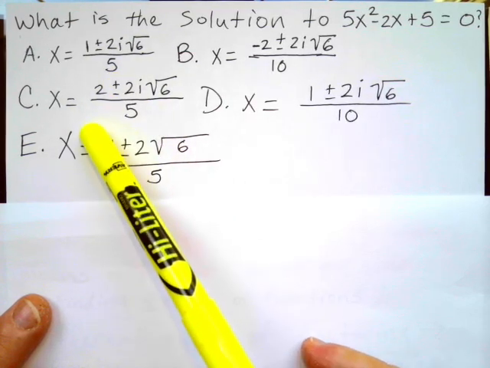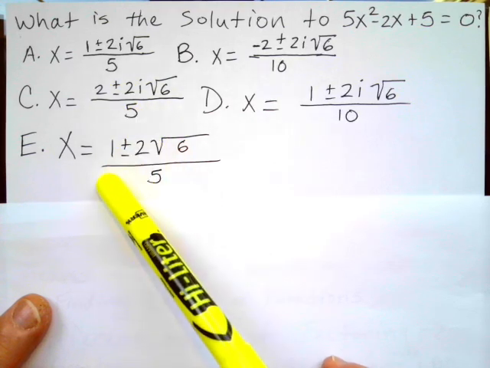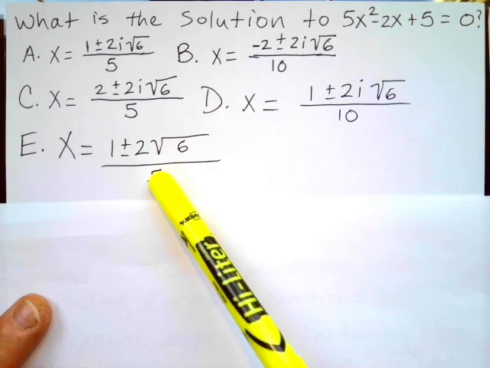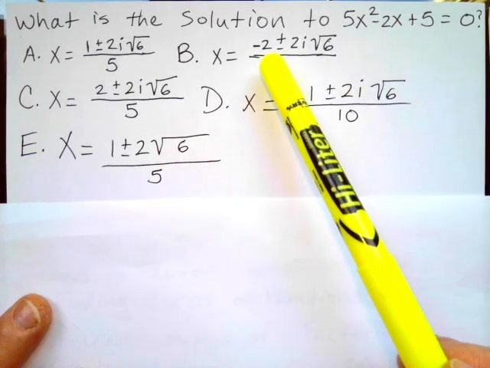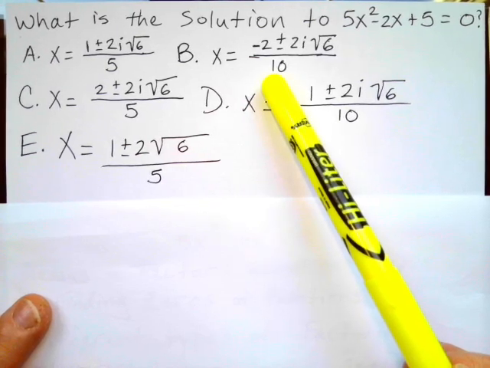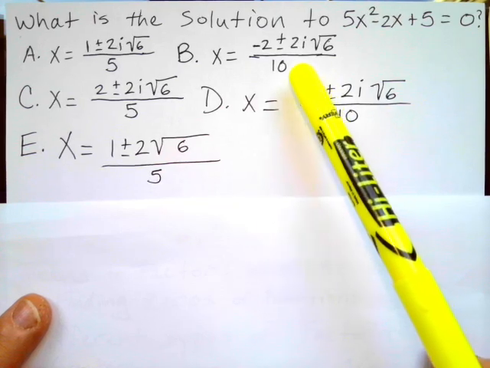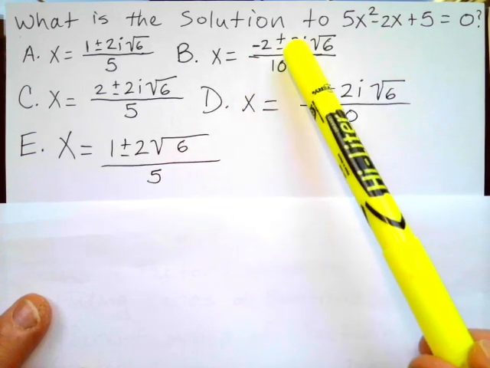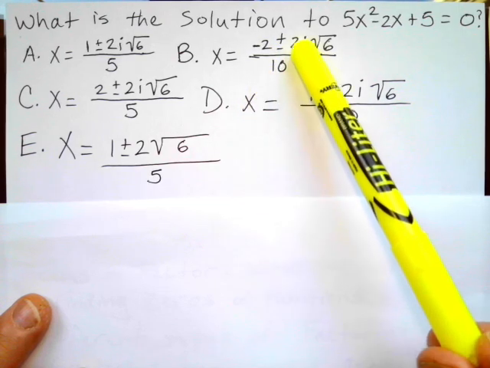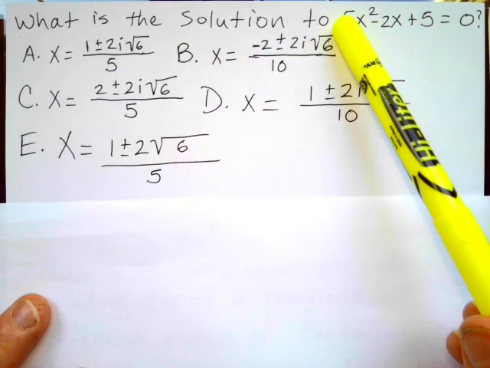No. Can I reduce, for C, 2 over 5 or 2 over 5? No. Can I reduce 1 over 5 or 2 over 5 for E? No. Can I reduce negative 2 over a positive 10? Yes. Can I reduce 2 over 10? Yes. 2 will be divided into top and bottom, giving you 1 over 5, 1 over 5. So eliminate B. That cannot be an option.